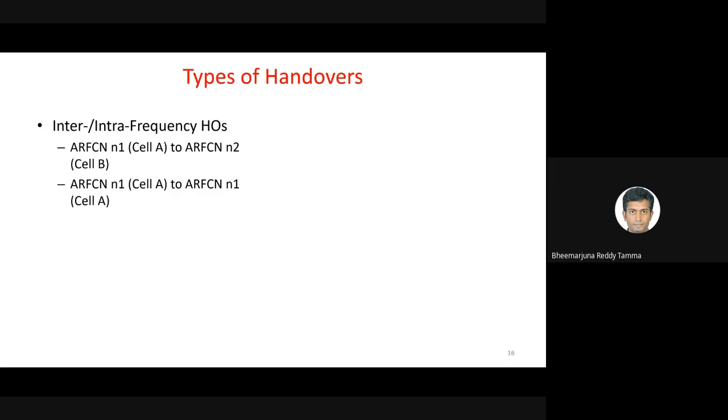If you look at handovers, there are many different types. One is inter- and intra-frequency handovers, where you are moving the user equipment from one channel to another channel, or from one channel to the same channel.